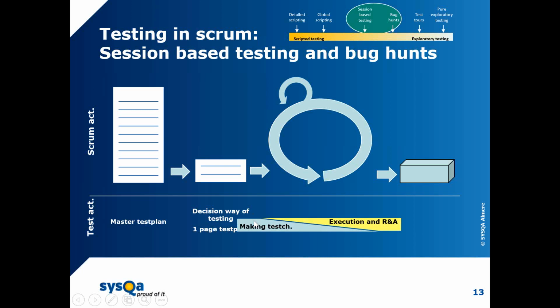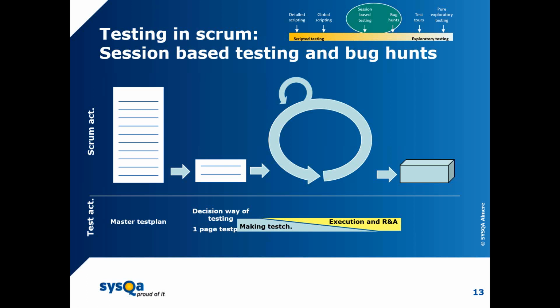How do the activities look during the sprint? Well, as you can see, a part of the making of the test charters, which is a kind of preparation, less preparation than during detailed testing, is done before the sprint.